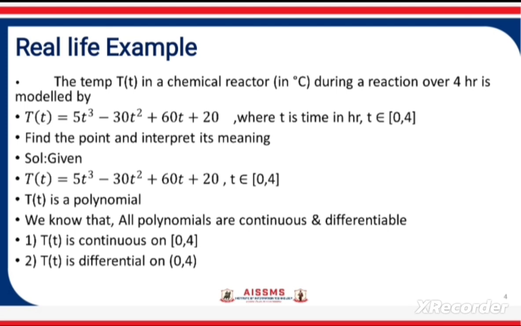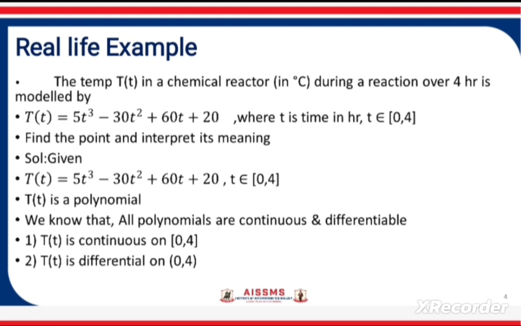Here they define the temperature equation or function, we can say, and it is a polynomial. So how can we find the point, that point where the derivative at that point is equal to the average rate of the function. Firstly they define the function T of t is equal to 5t cube minus 30t square plus 60t plus 20, t belongs to closed interval [0, 4].